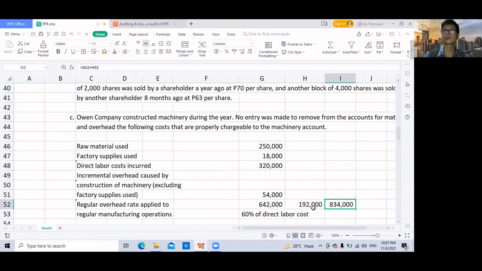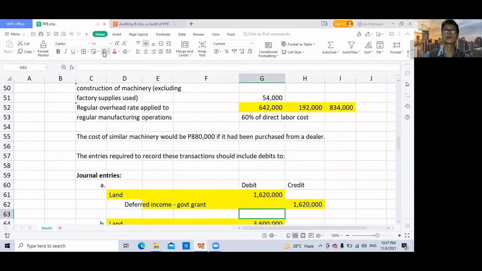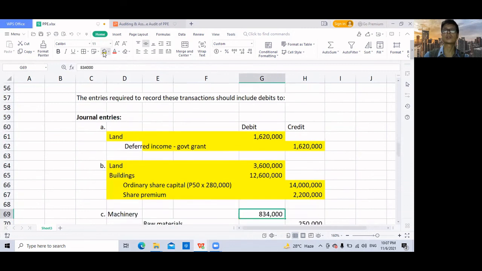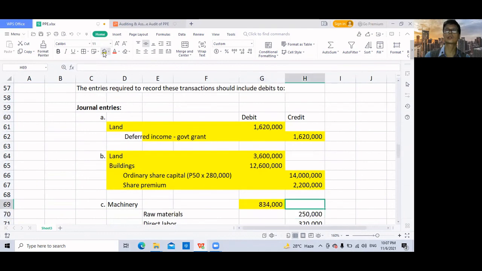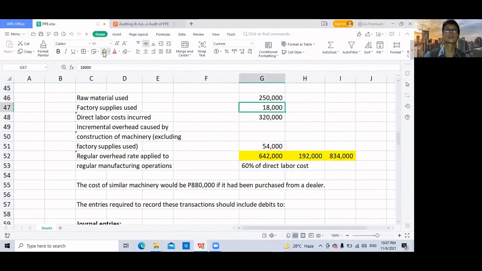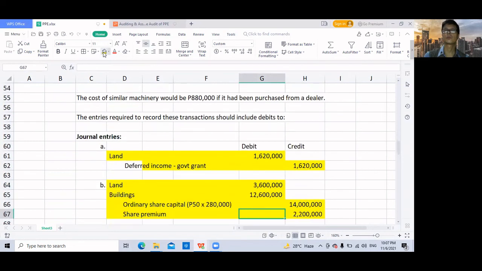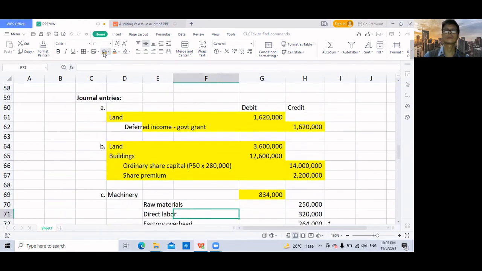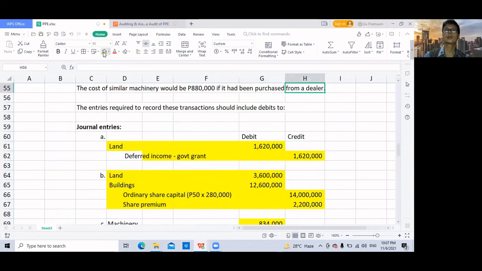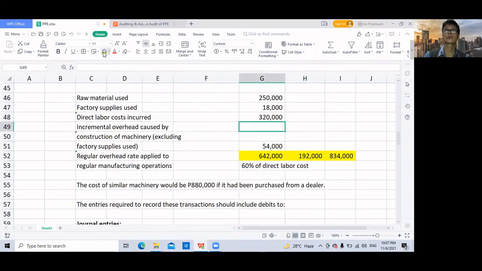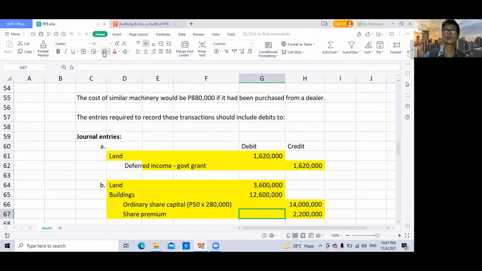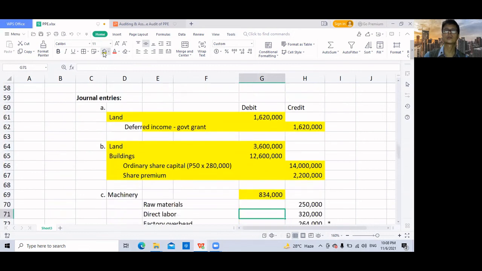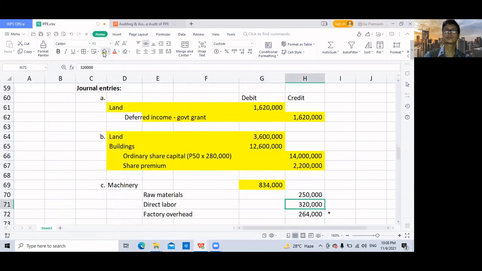This would be 834. Okay. So that is the cost of the materials, so nakadebit machinery for 834,000. And then raw materials, of course, that's 250. So yun na. Tapos yung direct labor, that's 320. Yun siya. Tapos yung factory overhead, that's 264.